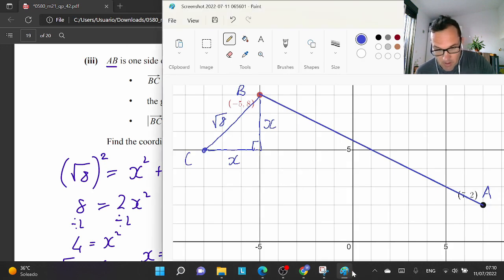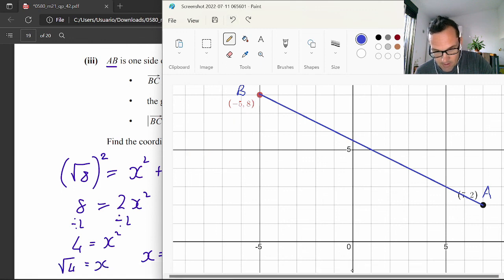Excellent. Now we can change our drawing, as we know that in fact this length is 2, that length is 2, so C lies over there. And the side of this parallelogram is there. So we've done it.